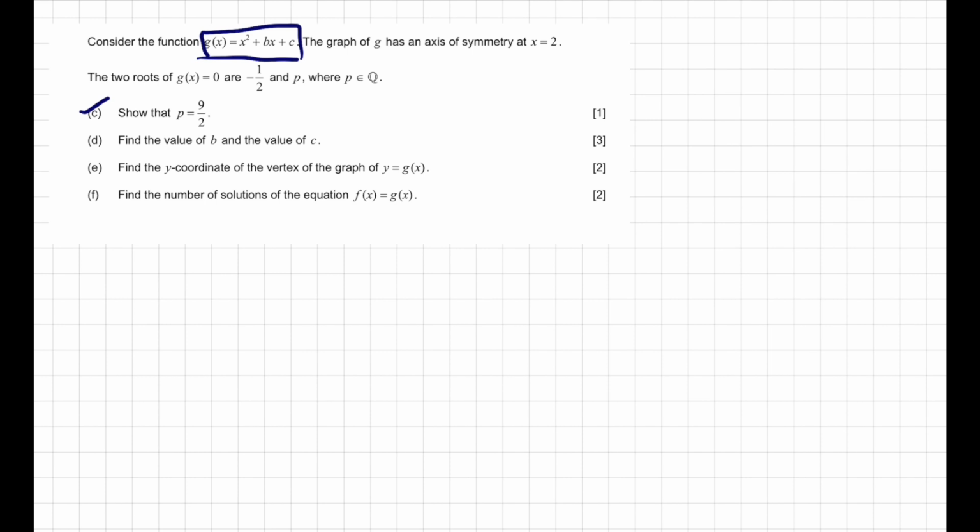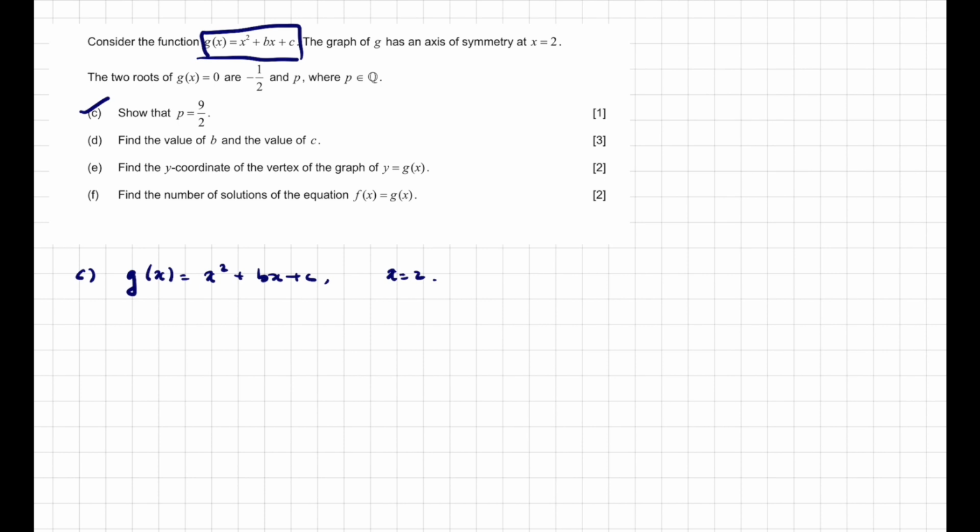For question C, there are various methods that you can use to show that the p value is equal to 9/2. But since we know that the function g of x is quadratic, and also we know that the axis of symmetry is at x equals 2, we are just going to use the parabola to show that the p value is equal to 9/2.